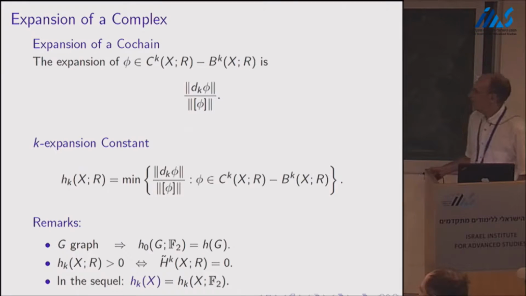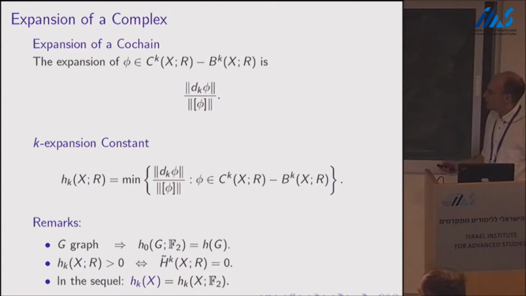So some remarks: if G is a graph, then H0 really recovers just the Cheeger constant, and the kth homology or cohomology of X is 0 if and only if this Cheeger constant is positive. And we'll usually use just F2, although most things work for all rings, actually.